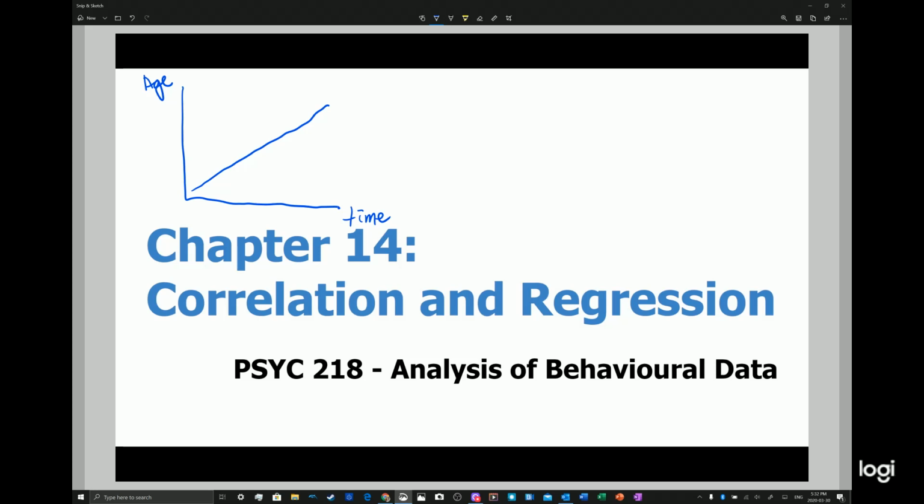So that's a positive correlation. In fact, it's going to be a pretty perfect positive correlation. And so you can see there's a trend, an upward trend, that is as time goes up, age goes up. Correlation measures the degree, strength, and direction of the relationship between two variables by measuring their covariance.